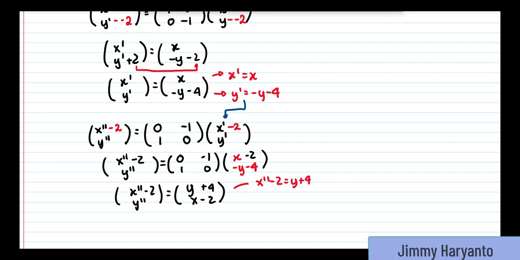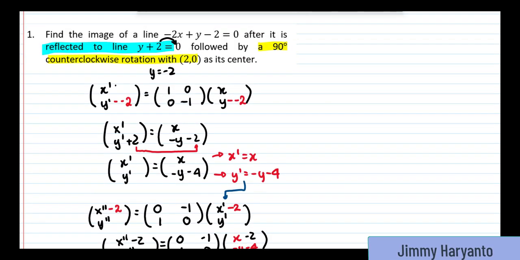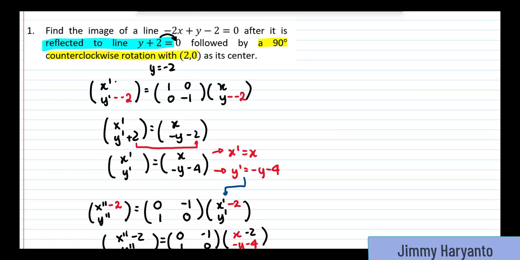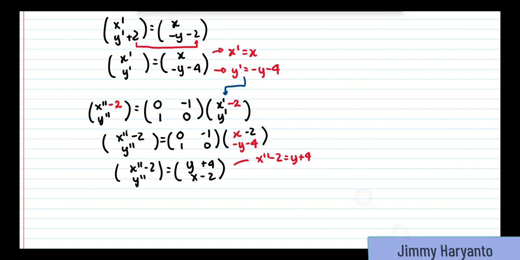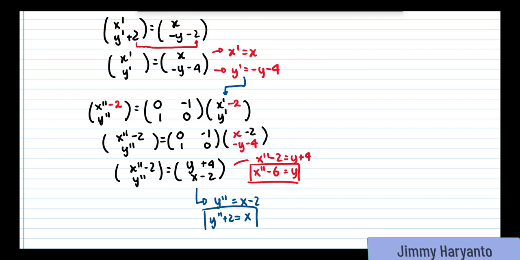And then as I told you before, we are trying to find the image, right? That means we have to make it into y equals to x double prime minus 6. This one is the first, and then the second one will be from the bottom, y double prime equals to x minus 2. That means x equals to y double prime plus 2. There you go, we already have the y and the x.